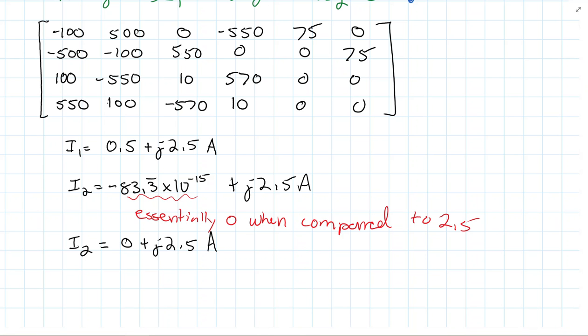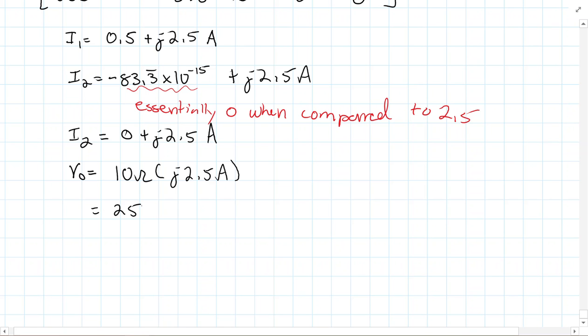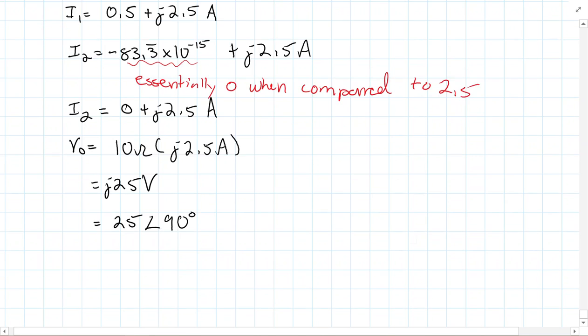Alright, so if that's the case, we can get our equation for V out. So V out is simply 10 ohms times j2.5 amps, which is 25 volts, which is equal to 25 at an angle of 90 degrees.